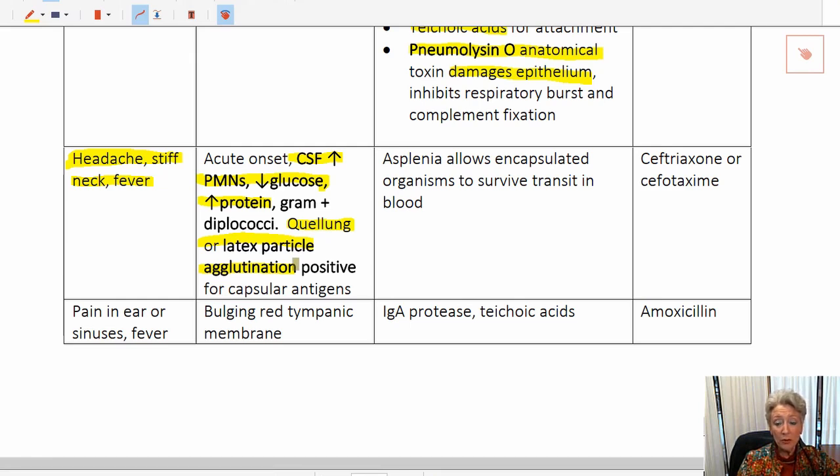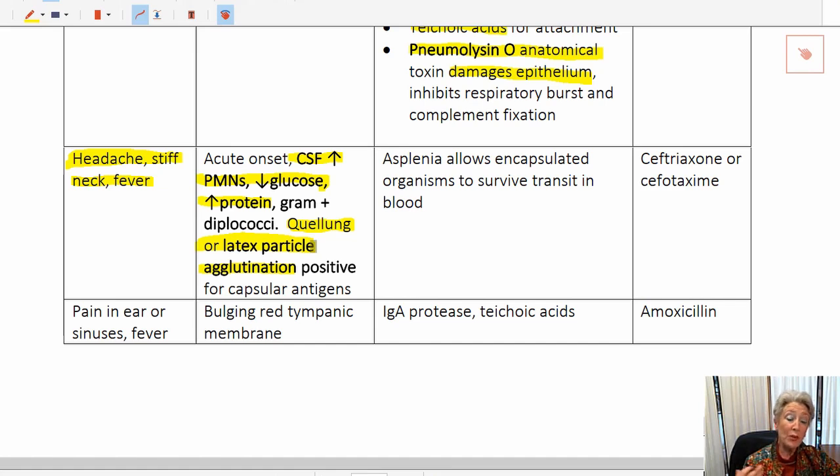And the only problem with those tests is remember that there are Quellung and LPA tests for virtually every agent of meningitis. And if that's true, it means that they have to give away which one they want you to diagnose. I can't just say Quellung was positive or LPA was positive.